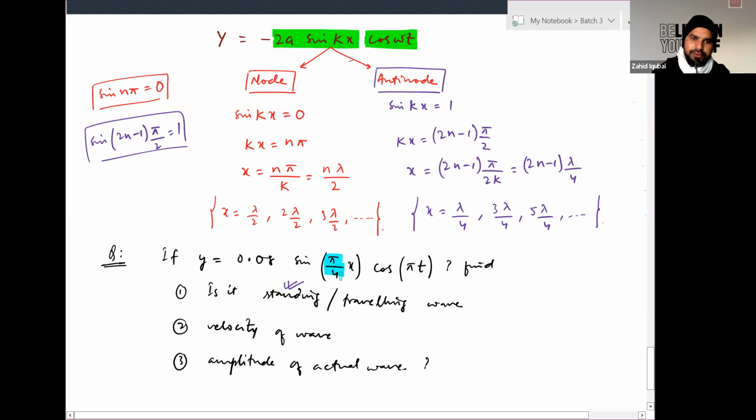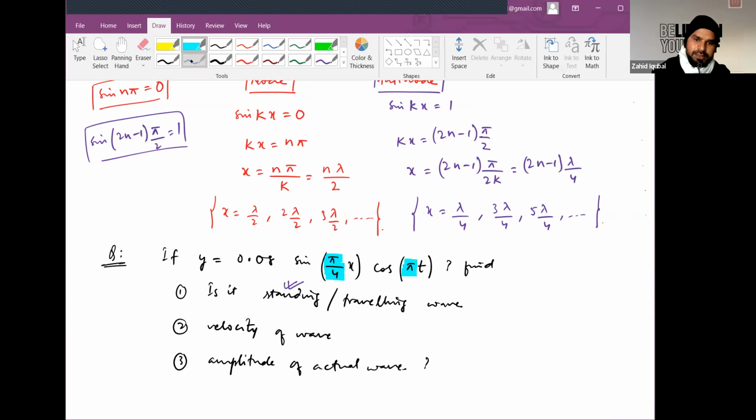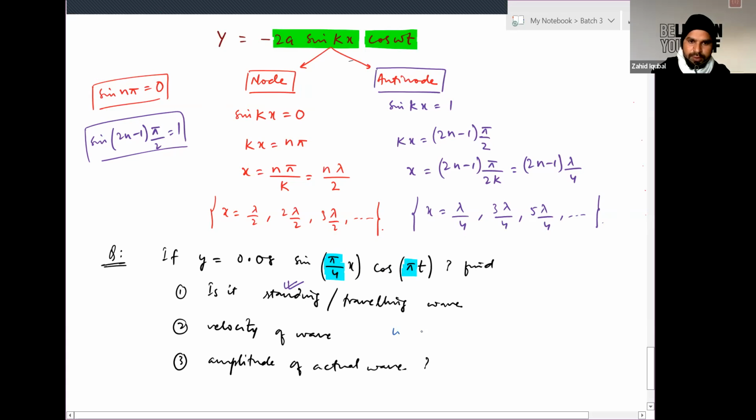So coefficient of x is k and coefficient of t is omega. So we can say omega is pi and k is pi by 4. So velocity of wave is omega by k, that is pi divided by pi by 4. So pi and pi will cancel out. So you get 4 meters per second.